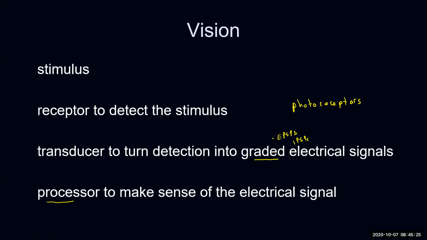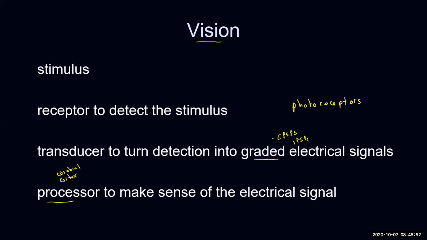And when we talk about any sense, the cerebral cortex is going to be that processor. A lot of your cerebral cortex is devoted to vision. When you look at other senses, we devote a lot less cortex to it. Vision takes up the most sort of brain space of all of them.